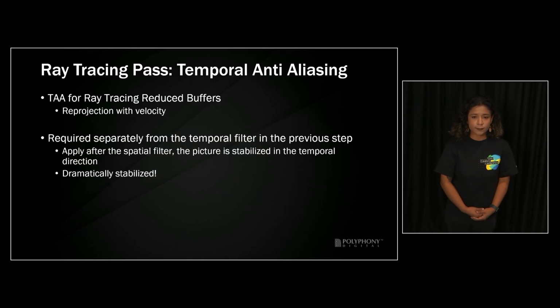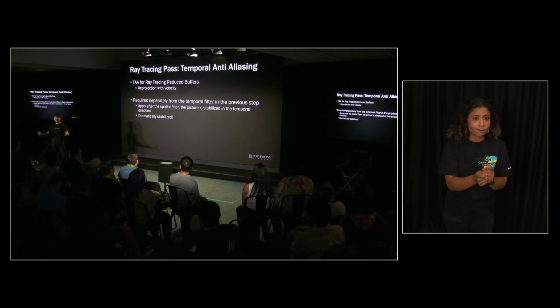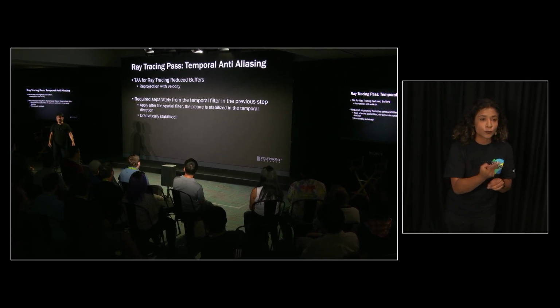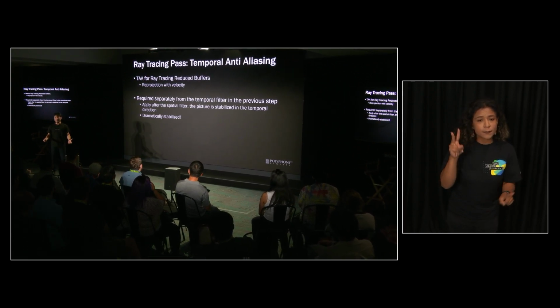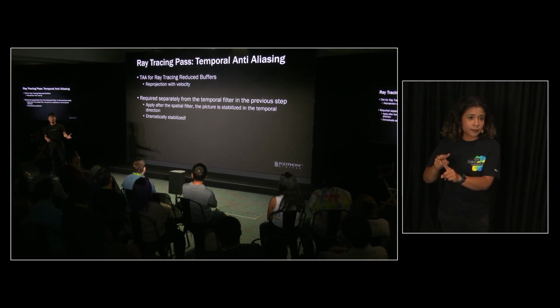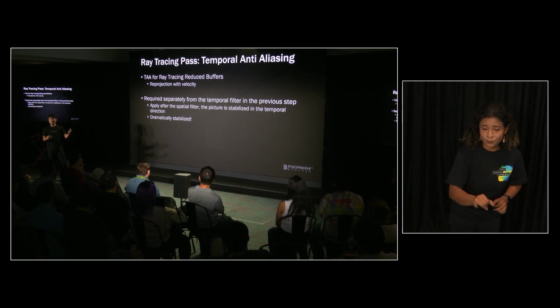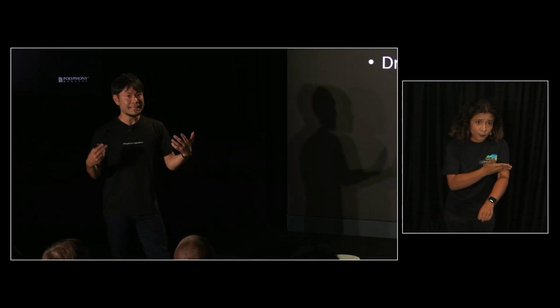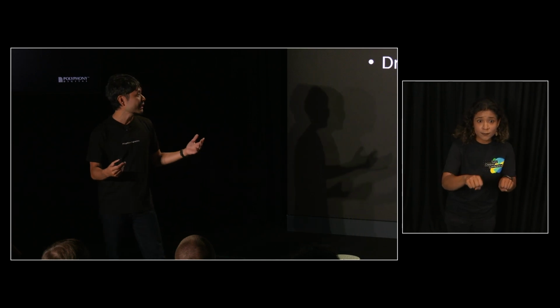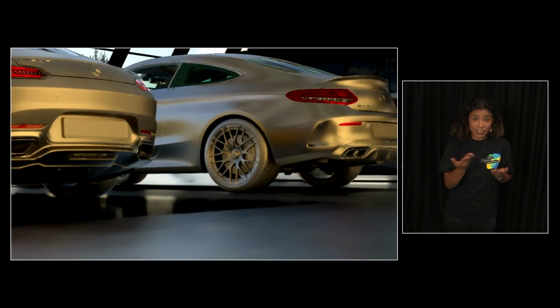So temporal anti-aliasing is then applied. This is a reprojection using velocity. However, it must be applied independently of the temporal filter already described. This improves the edges and stabilizes the result in the temporal direction. And this figure is the result.